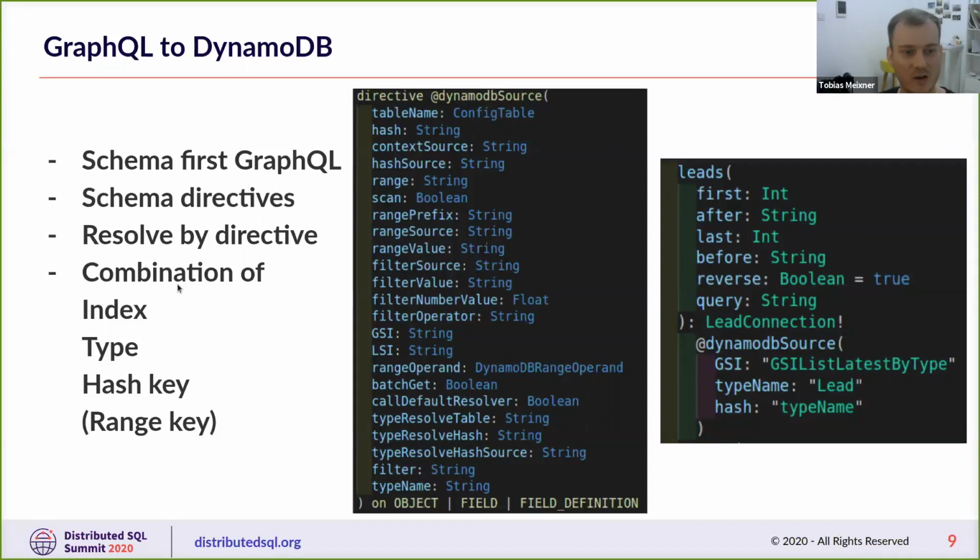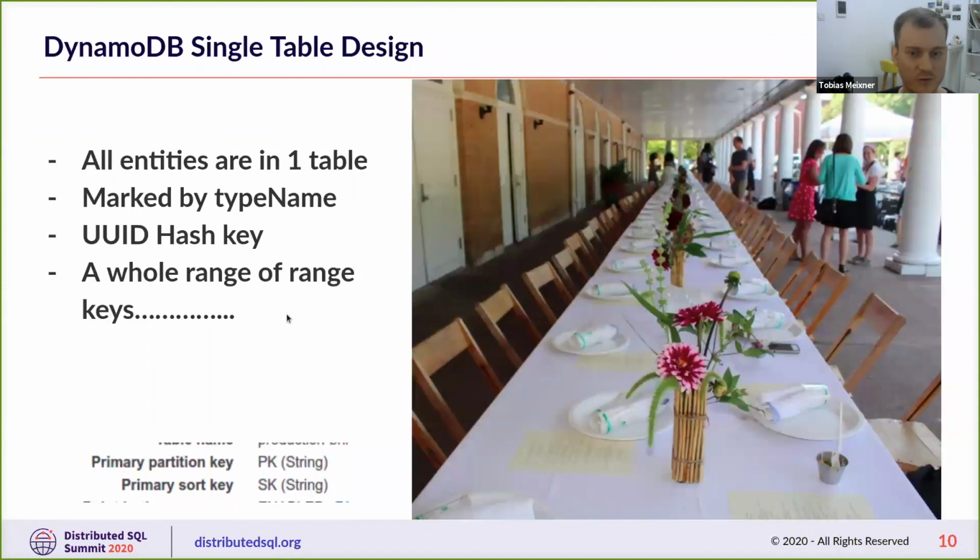Getting data out of DynamoDB is always a combination of an index, probably a type if you have single table design, and then hash and range key, how you want to query your data performantly. So a common approach to use DynamoDB is single table design.